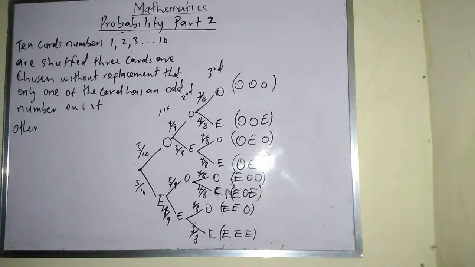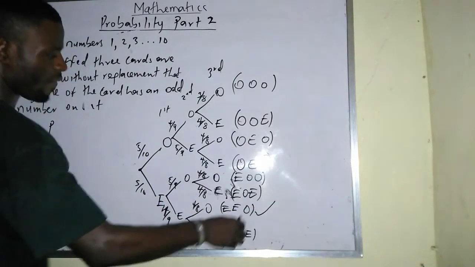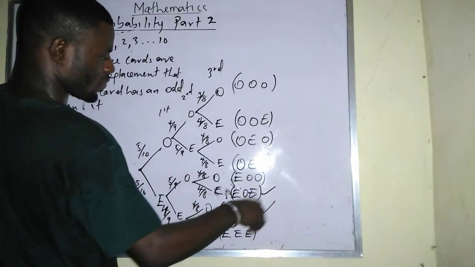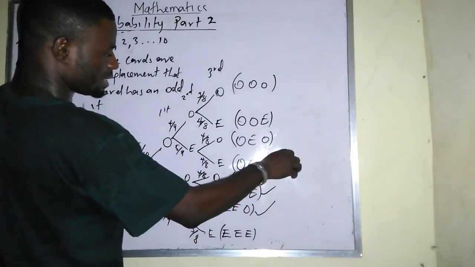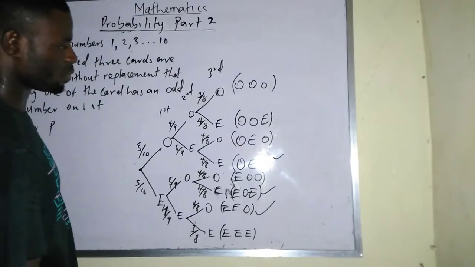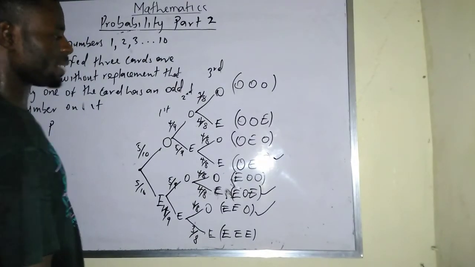It means the order will now be probability of those things that have odd numbers. Now, only one odd number. It means anyone that has one odd number, that's what I want to consider. It means I'll be considering this, another one with one odd number, that's all.